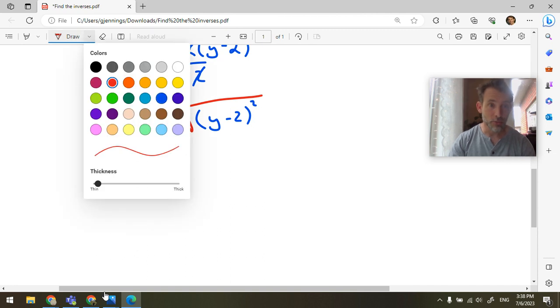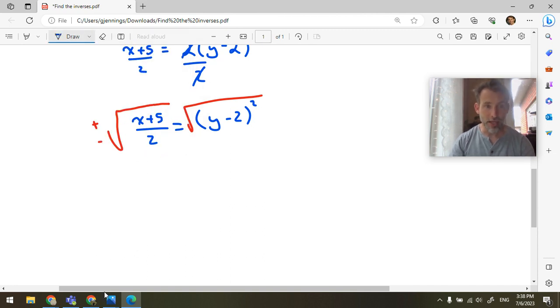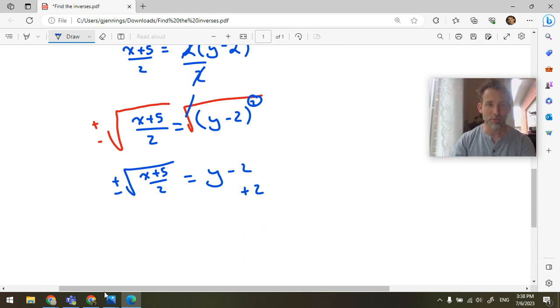Okay, so let's go back to blue. All right, so now we have this beautiful thing, which is equal to y minus 2, because this cancels this. Right? And then we have over here plus or minus the square root of x plus 5 over 2. And the last thing we're going to do is add 2 to both sides.